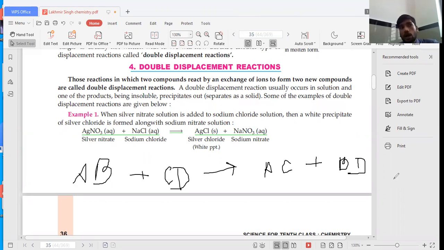I'm saying not all, just most of these reactions. In these reactions you will see a precipitate formed. Okay, so from here you also have to learn the color of the precipitate. For example, AgNO3 plus NaCl gives AgCl. A white precipitate of AgCl will come and NaNO3 in the aqueous solution will be left.